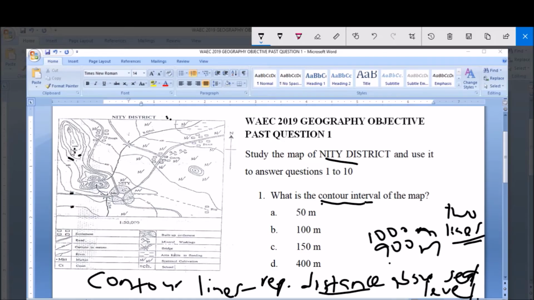So in this instance, in order to get the contour interval, you can say 1000 minus 900, and that is 100 meters. So that is the contour interval of this map, and that is option B. So option B, 100 meters, is the contour interval of this map.